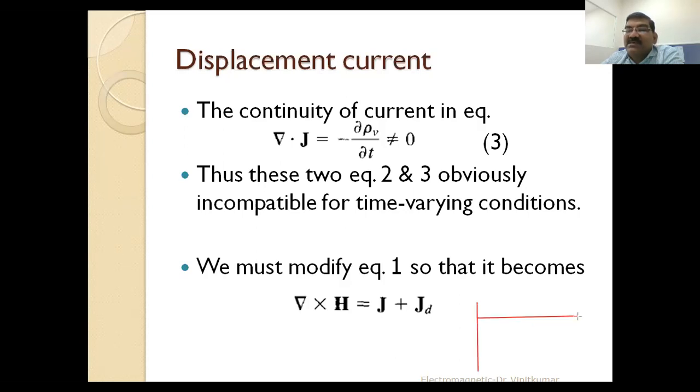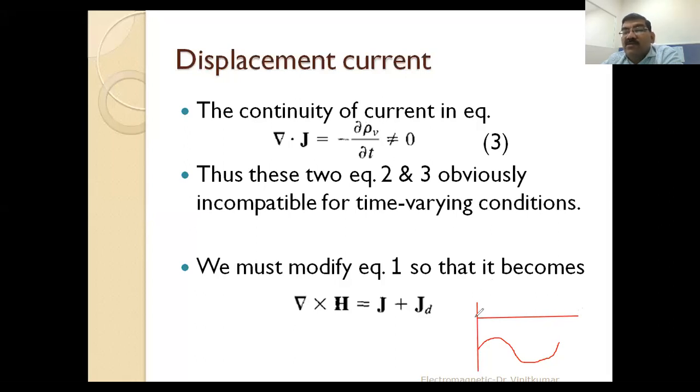This is the steady current, and in the time varying, the signal is alternating. Now what is the rate of change of rho v? Volume charge density. Rho v is volume charge. What is the charge in the electric current? That is the electron. So volume charge density, rho v. If we take the partial derivative of rho v with respect to time, then if this is DC current, it is obviously zero because there is no rate of change of what?